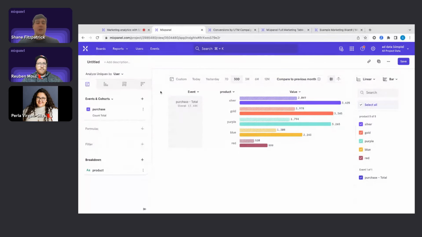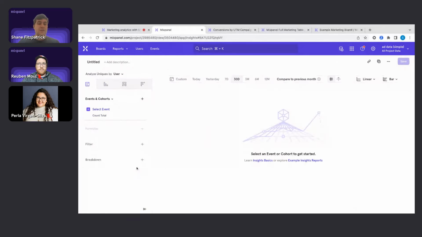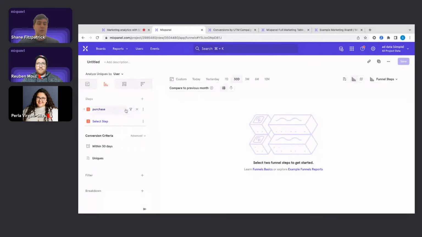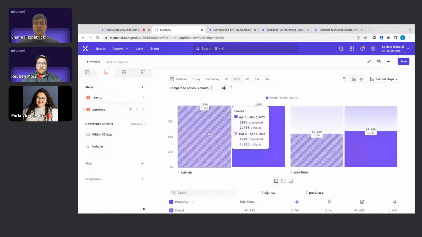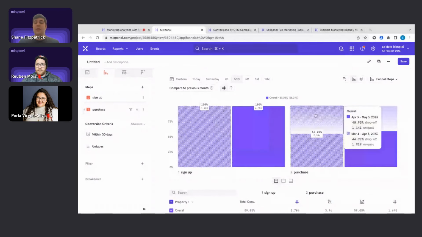I'm also able to build out funnels very quickly and efficiently as well. If I tap over to our funnel report, we could build something out. For example, sign up and then purchase, see where our users are doing well or dropping off. Again, how it's performing month over month, change over time, and seeing points of friction in key user journeys.